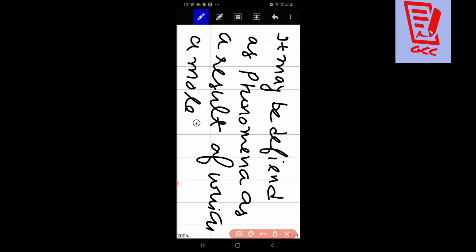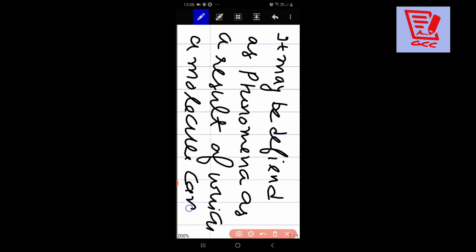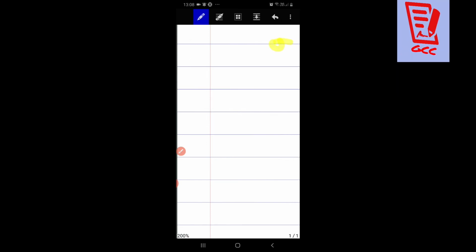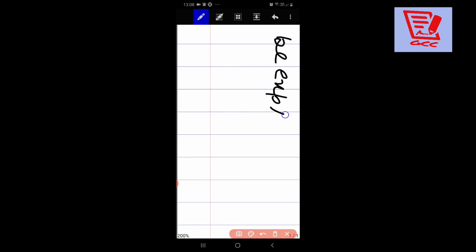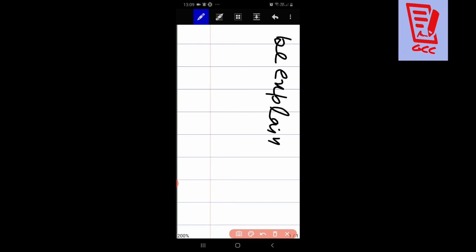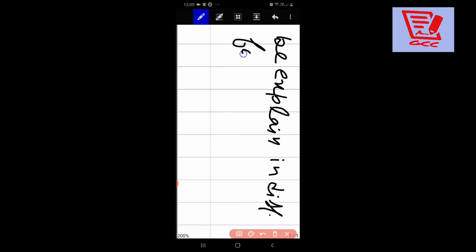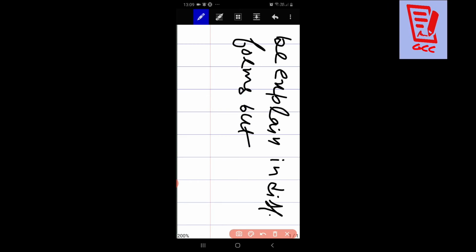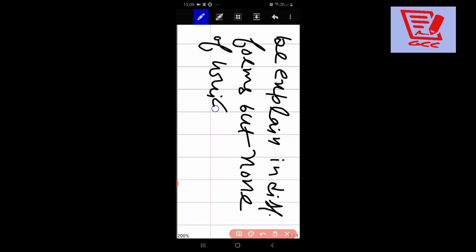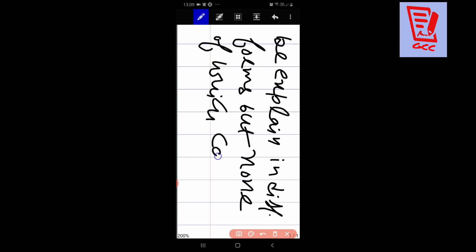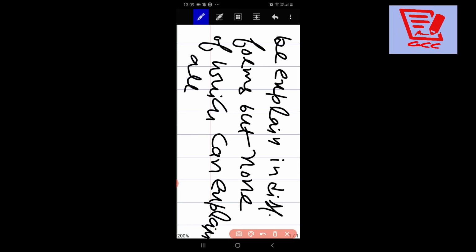a molecule can be explained in different forms, but none of which can explain all the properties.